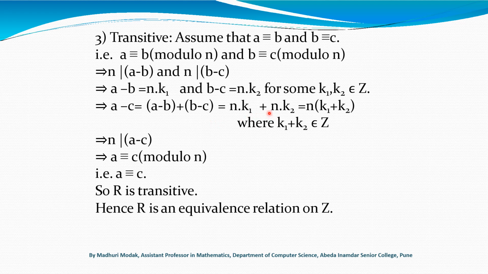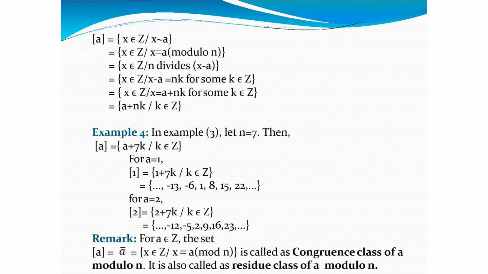So by definition of divisibility, N divides A minus C. So by definition of congruence, A is congruent to C modulo N. So by definition of relation, A is related to C. So R is transitive. So we have shown that R is reflexive, symmetric and transitive. Hence, it is an equivalence relation on Z.